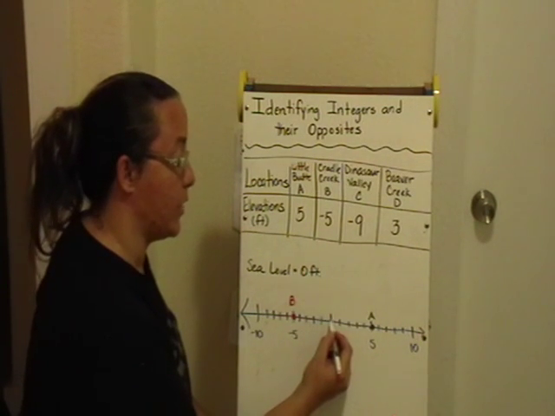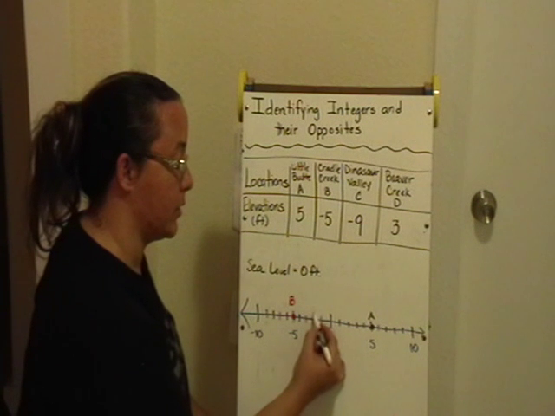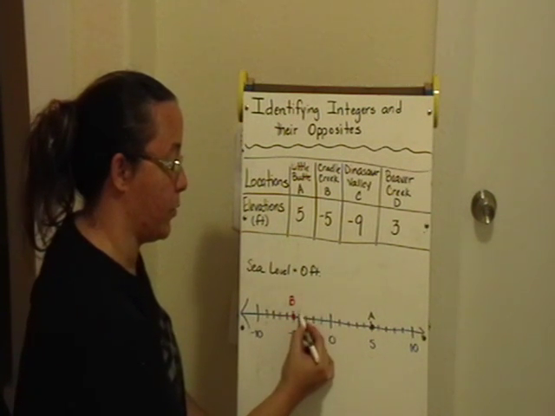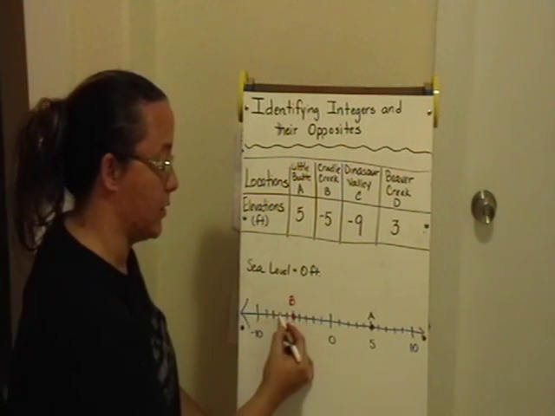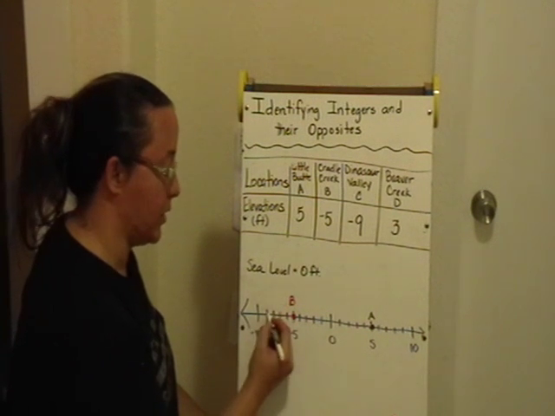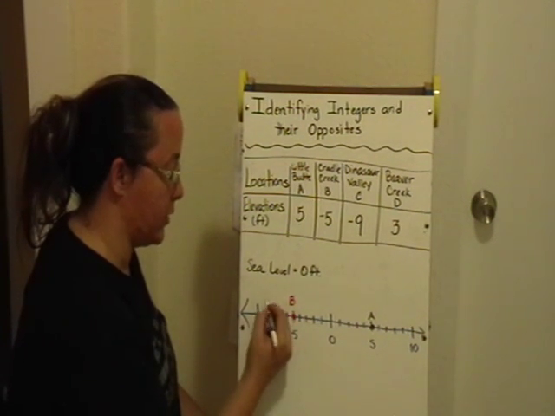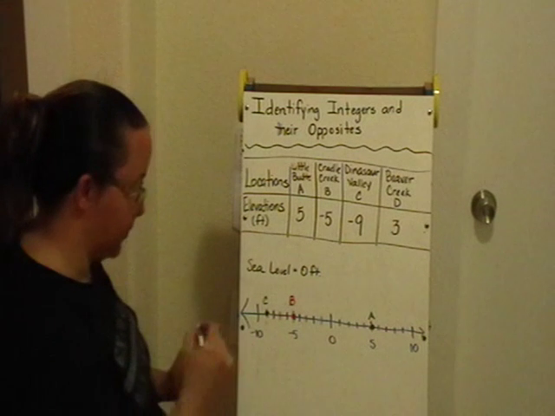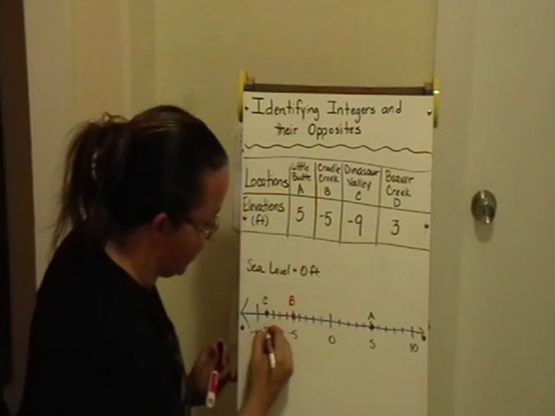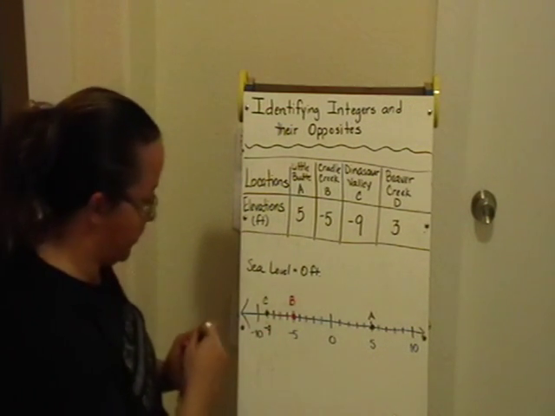So we're going to count 9 units to the left. 1, 2, 3, 4, 5, 6, 7, 8, 9. Plot our point, and we're going to label it C. So that would be -9.